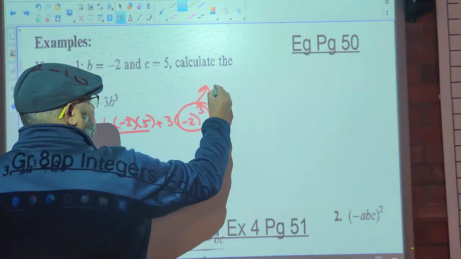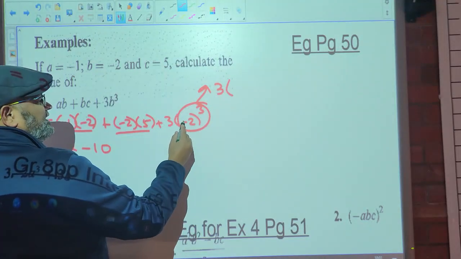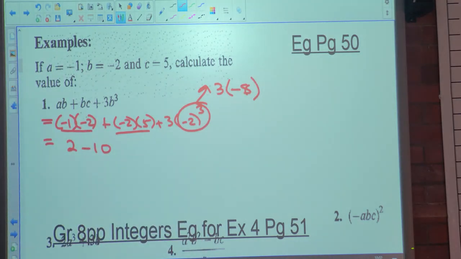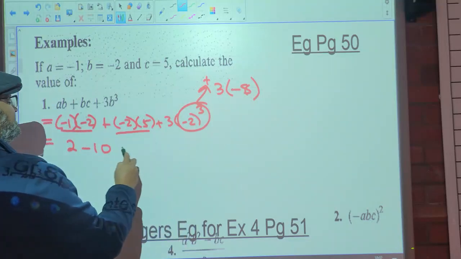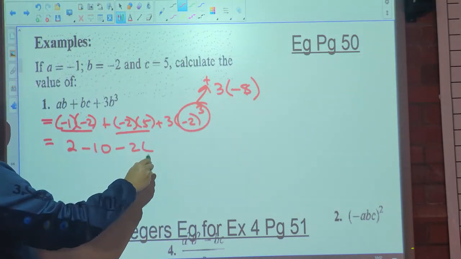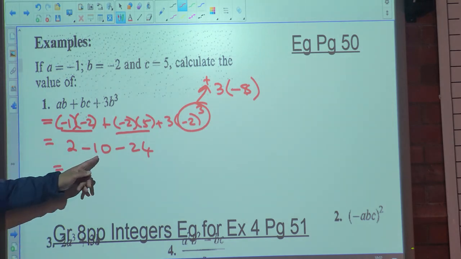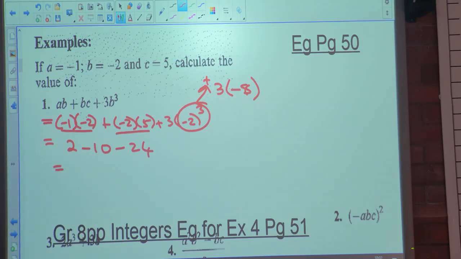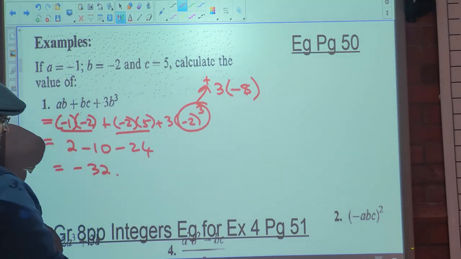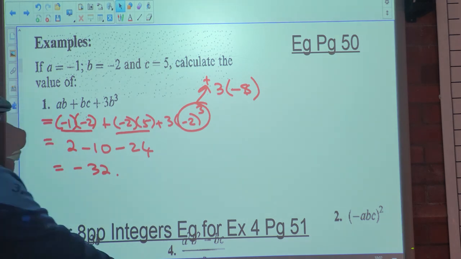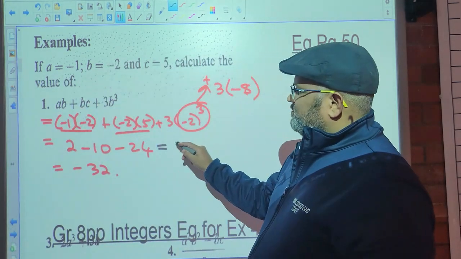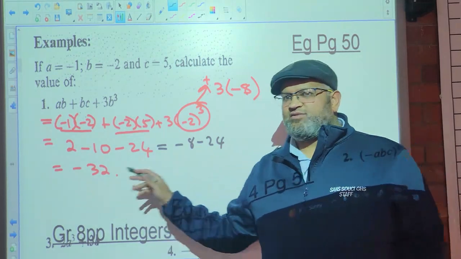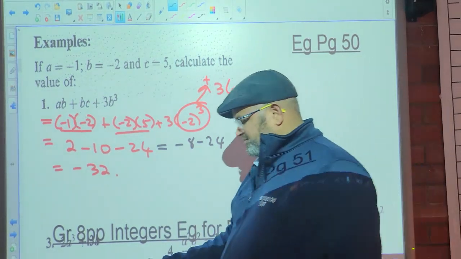So that would be 3 times negative to an odd exponent is negative, and 2 cubed is 8. But the 3 is positive. What's positive times negative, 3 times 8? 24, negative. What is 2 minus 10? Negative 8. Negative 8 minus 24 is negative 30. This is the interim step: -8 minus 24. You notice here that the signs are the same, so the answer is going to be negative, and then we add the numbers.